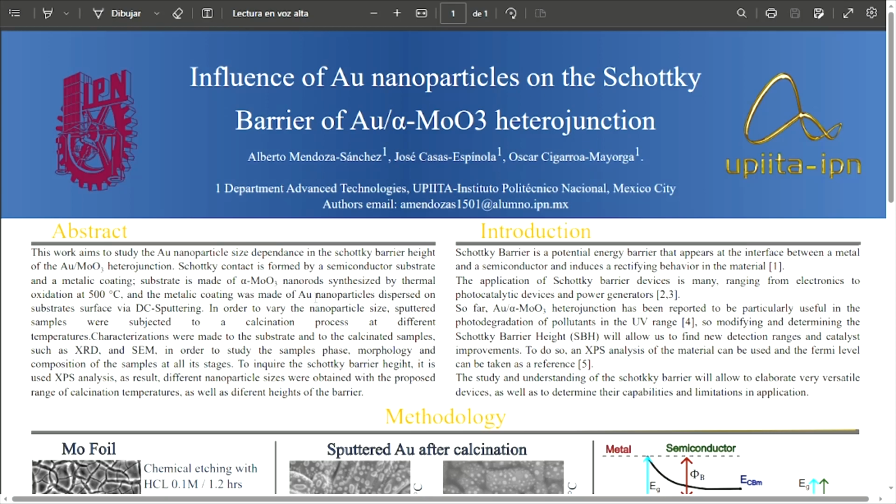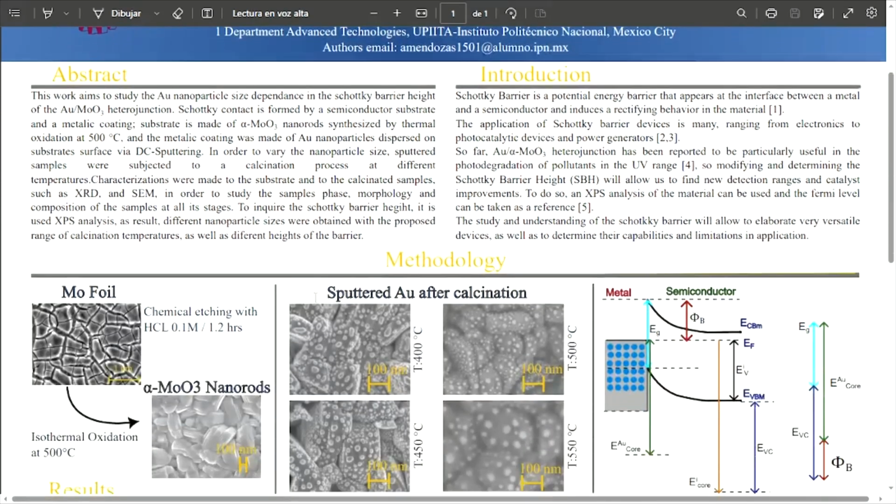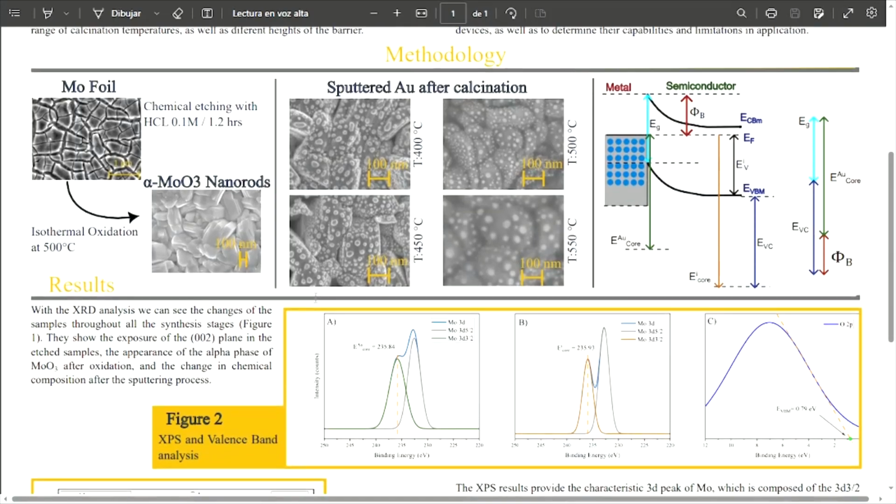To do so, X-ray photoelectron spectroscopy analysis of the material can be used, and the Fermi level can be taken as a reference. So the study and understanding of the Schottky barrier will allow us to elaborate very versatile devices, as well as to determine their capabilities and limitations in application.